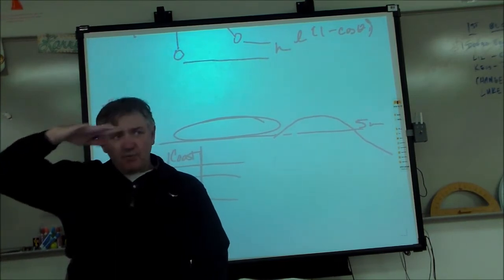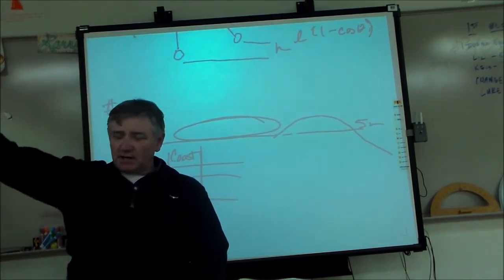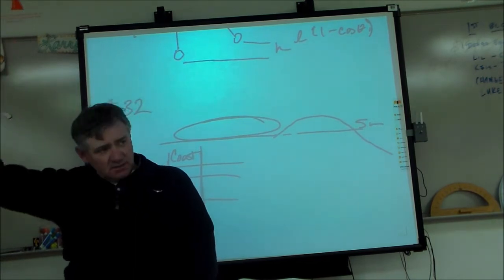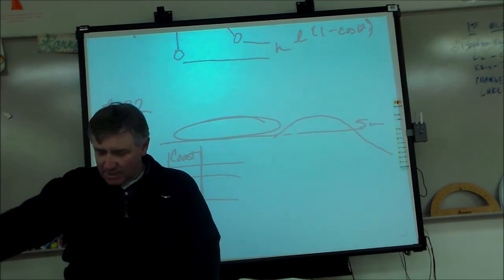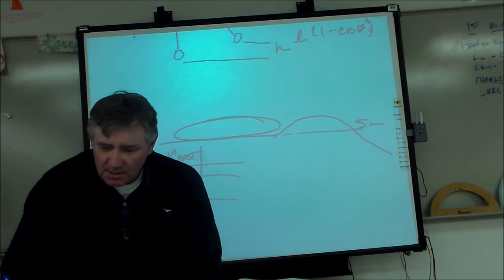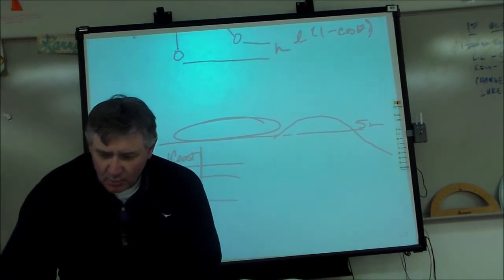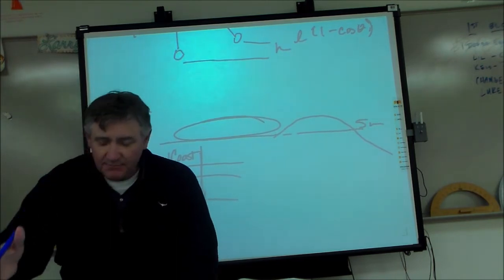At that point you don't have to worry about any gravitational potential energy because it's all kinetic. So you have the mass, you have the velocity, you can calculate how much kinetic energy it has. Once you get this number and you know that sum, that's how much energy we have.